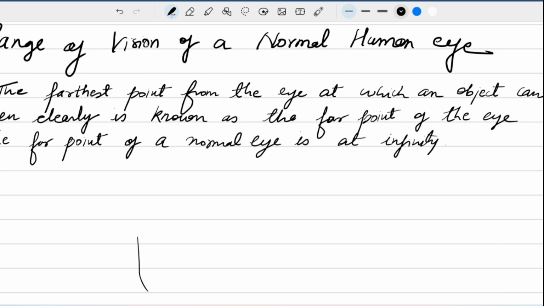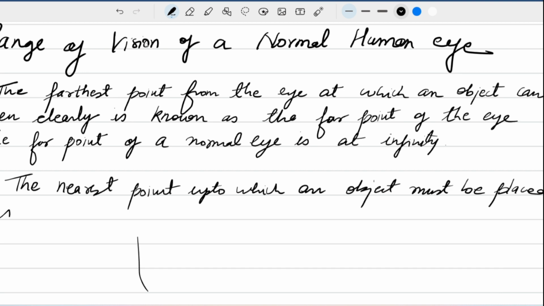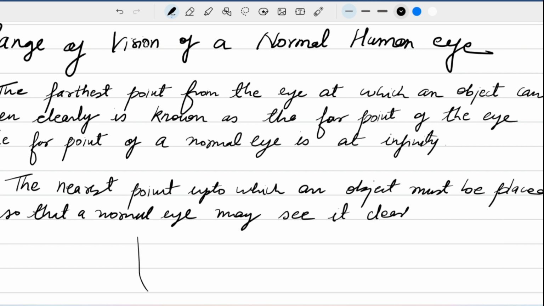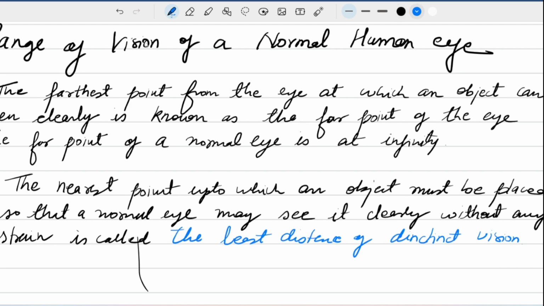Second, about the nearest point, that is the nearest point up to which an object must be placed so that a normal eye may see it clearly without any strain is called the least distance of distinct vision, and it is 25 centimeters.